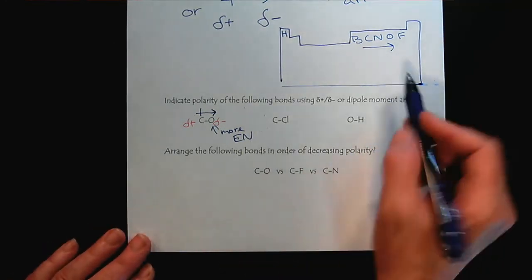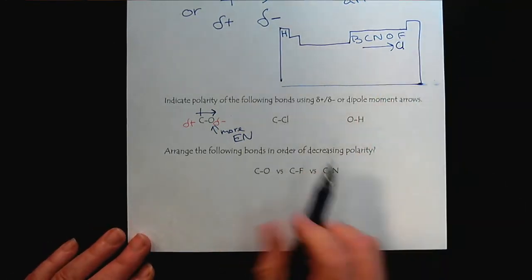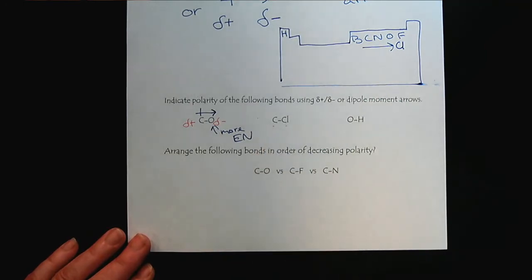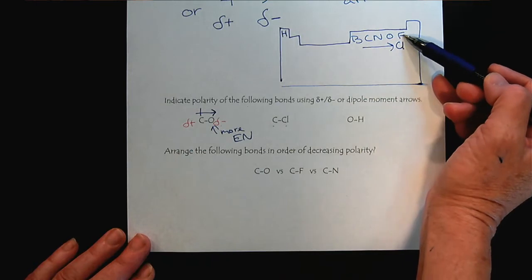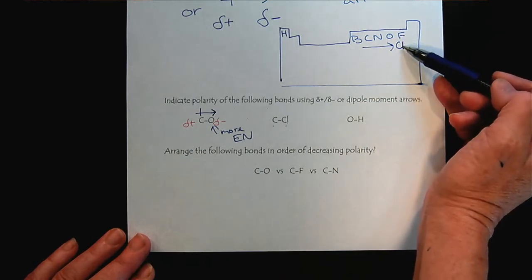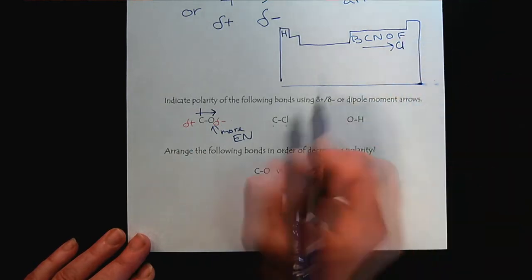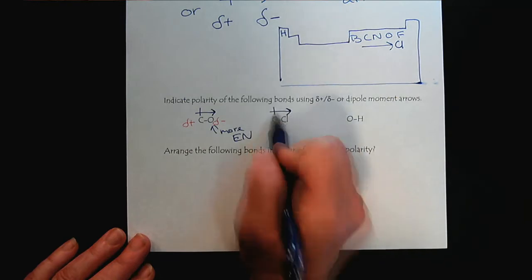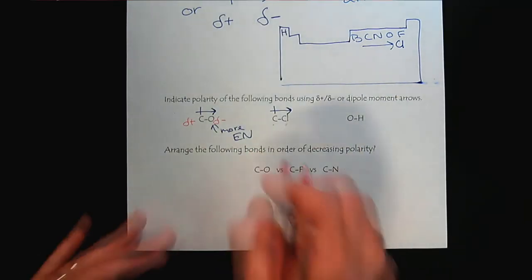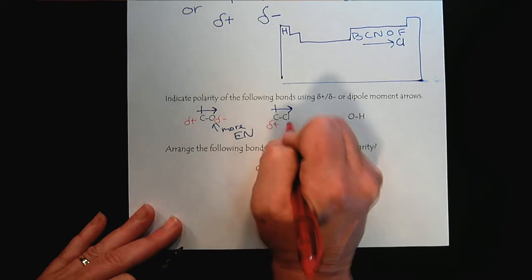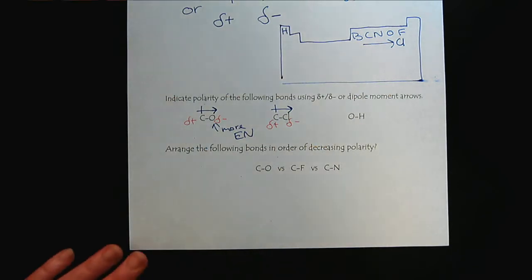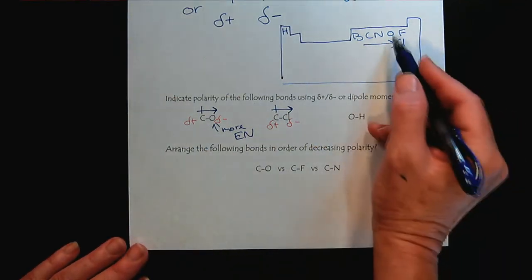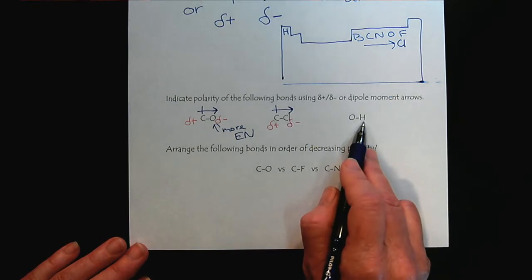All right, so then chlorine's down here. If we had carbon and chlorine, this one might feel a little tricky, but notice we're going 3 elements to the right and we're only going 1 element down. So chlorine is more electronegative than carbon. Once again, the dipole moment arrow is pointing to the right. Now, for oxygen and hydrogen, hydrogen always loses.